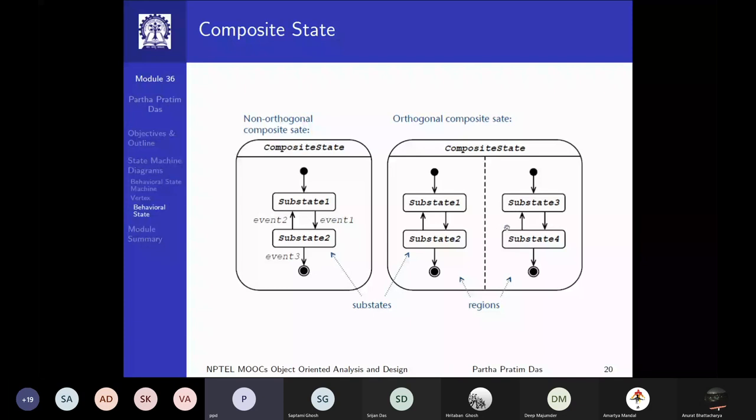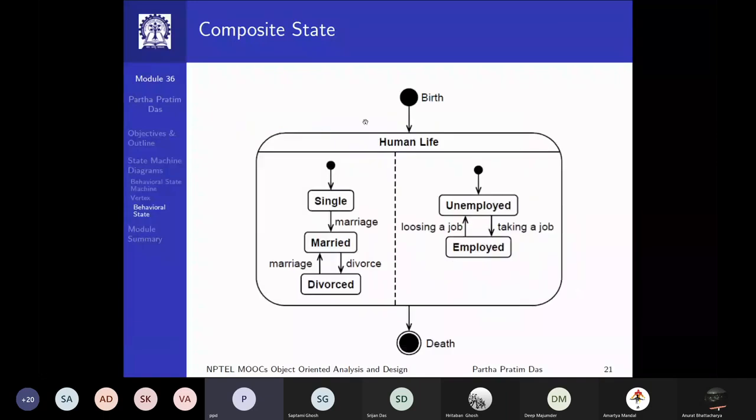And this is where you have two orthogonal regions, where, being in the composite state, you could either be here or you could be here. So it could be between substate 1 and 2, or between substate 3 and 4. So all these possibilities.